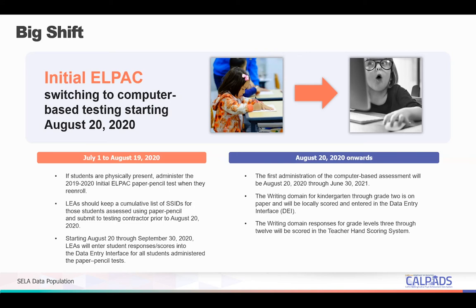Students K to 2 will still take the paper-pencil test, and their scores are entered into the DEI. Any resulting EL and IFEP status from the test will be sent directly from TOMS to CALPADS in a nightly feed and visible to LEAs in CALPADS within 48 hours.